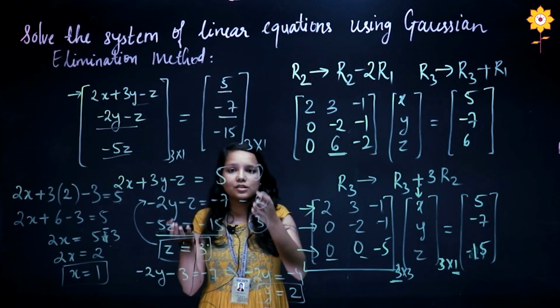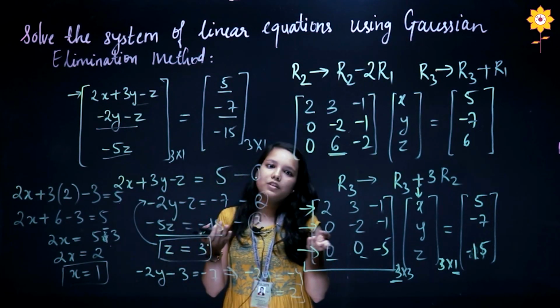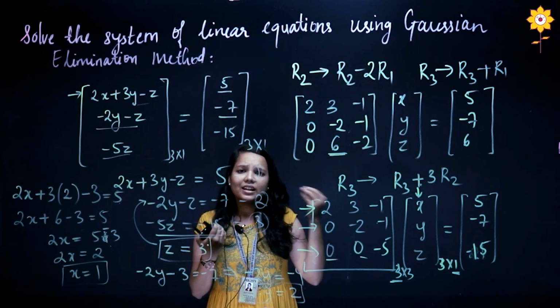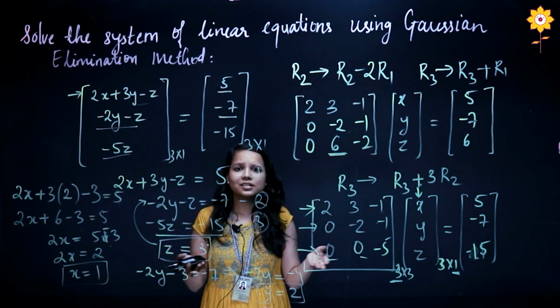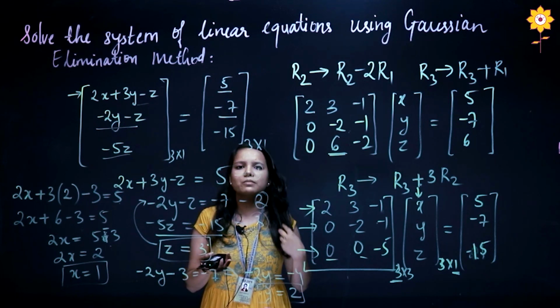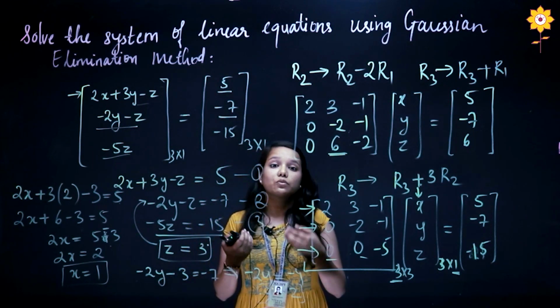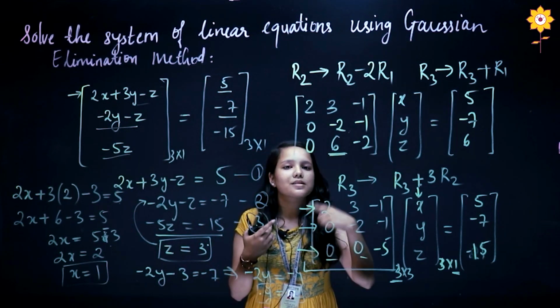Even though this is only a linear system with 3 variables, you can use it for 4, 5 and 6. Solving a matrix by the row elimination method is very easy. You just have to make the upper triangular matrix, and that is very easy as compared to the substitution method.